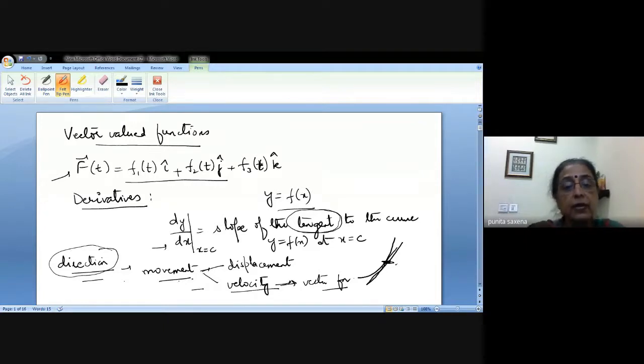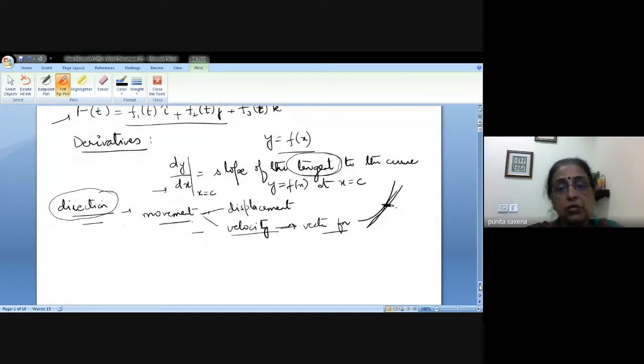And that is why, when we are talking of vector valued functions, finding the tangent vector is important. If you go back to the very first classes when we talked of graphing, we observed how the derivative changes. If the derivative is positive, we know that the function is increasing. If the derivative is negative, it is decreasing.